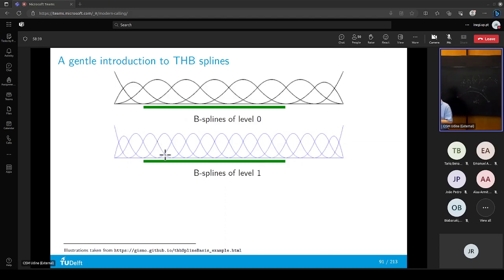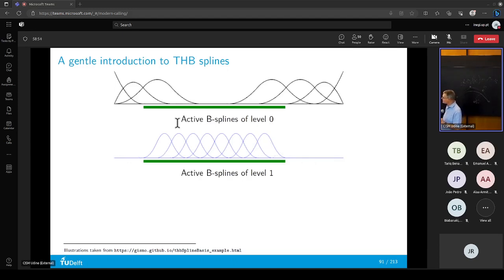I'm not talking about refining the mesh and then getting new basis functions. I always think in terms of my spline space. So I refine the basis. That's what I do, because there is no mesh. It's just basis functions. I decide in this region I need a finer basis. So in some sense, I keep those which I want, and I kick out those which are completely inside.